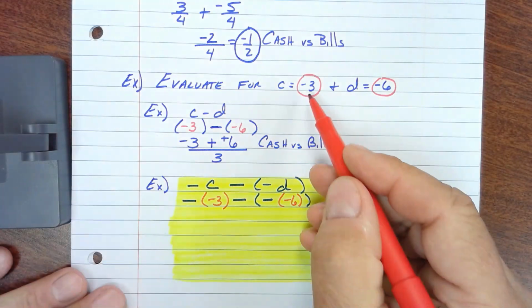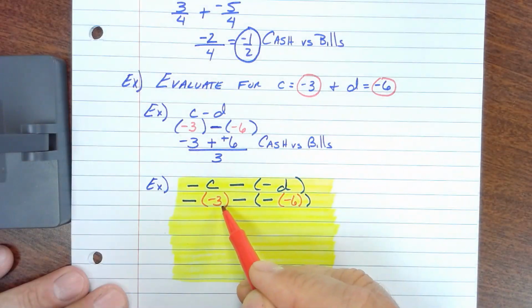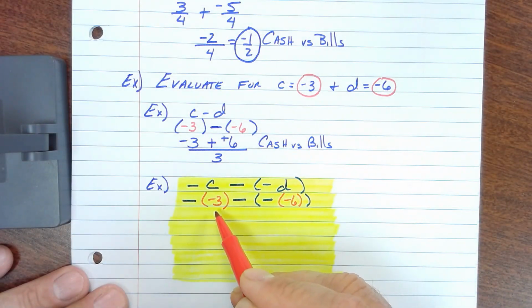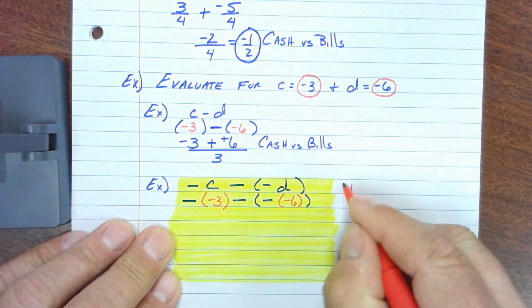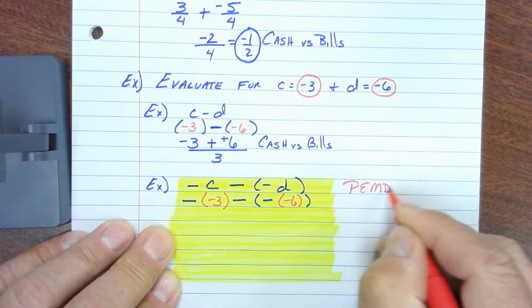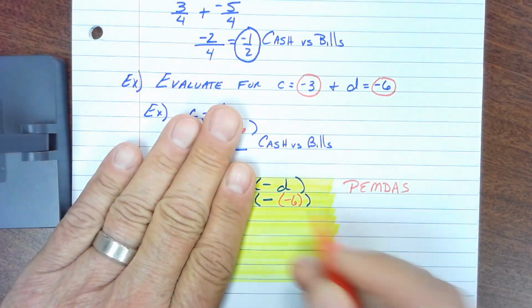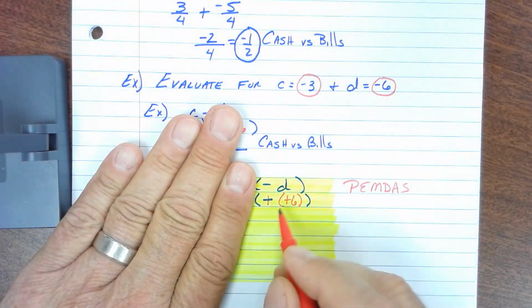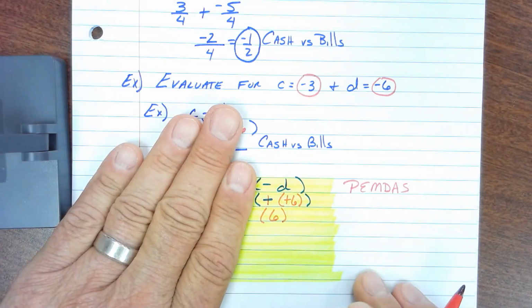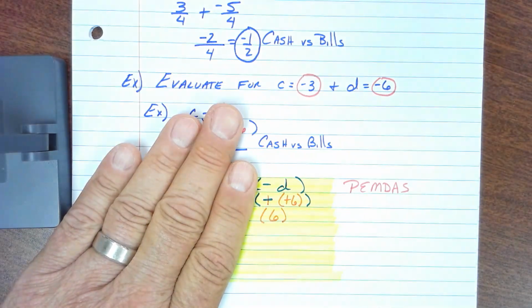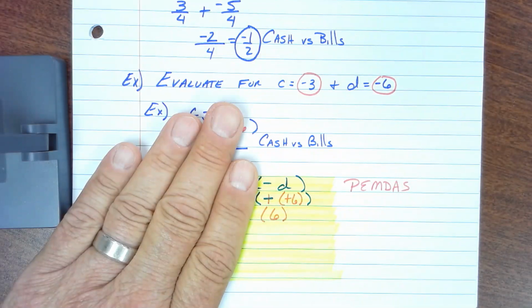And then substituting, I substitute using parentheses. Now inside this parenthesis, which is where I would start first with PEMDAS, I'm going to add and change the sign, and that is going to be a plain old 6. Does everybody see that? We okay with that?